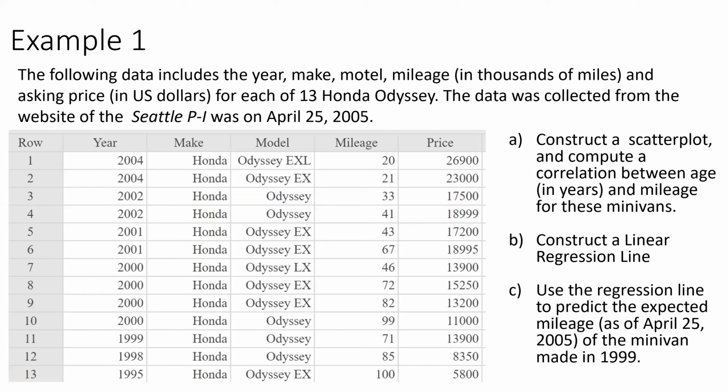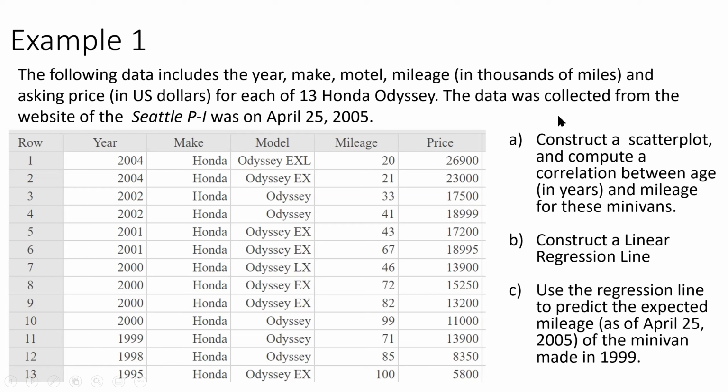So let's take a look at our first example. It says the following data includes the year, make, model, mileage in thousands of miles, and asking price in US dollars for each Honda Odyssey.